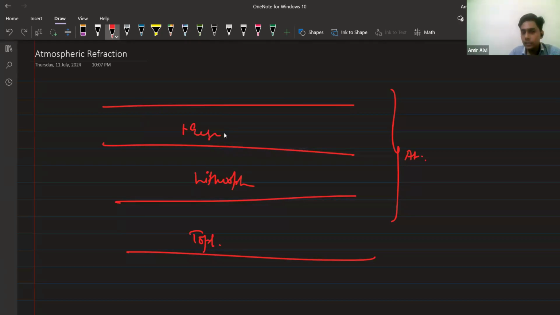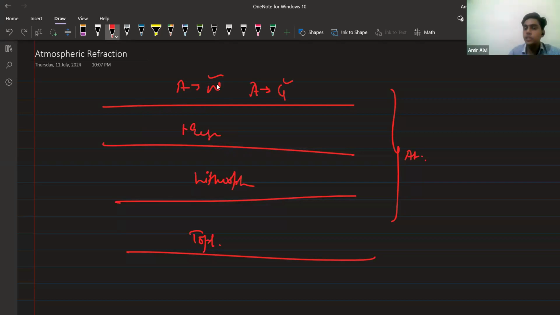Welcome. It means that every layer will refract the light depending on the density, because look, refraction will be different for air to water, and refraction will be different for air to glass. Both have different densities. Mariam, Zainab, and Junaid, yes or no? Yes, sir. So that's why it's very important to understand why it happens.